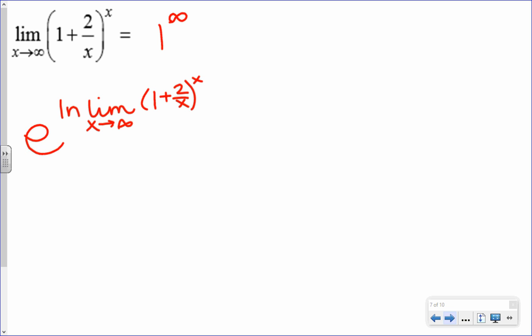Now, if we have a function with a limit inside, we basically have a composite function with that limit. We could rearrange for this to be the limit as x approaches infinity of the natural log of (1 plus 2 over x) to the x. Now, can you see where this is going?